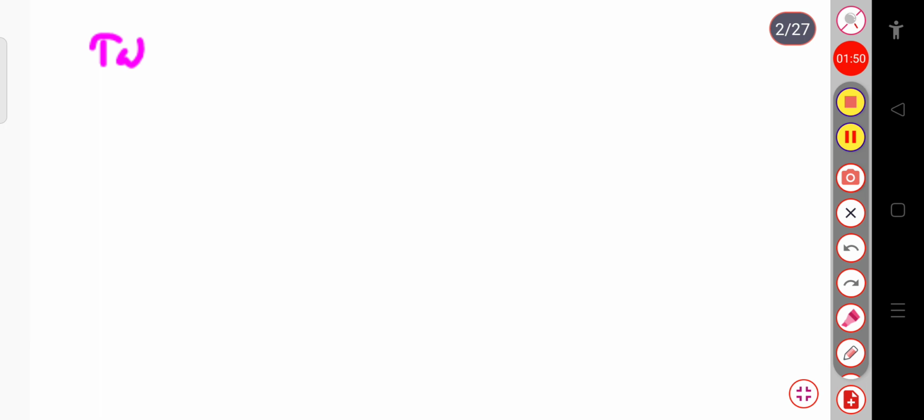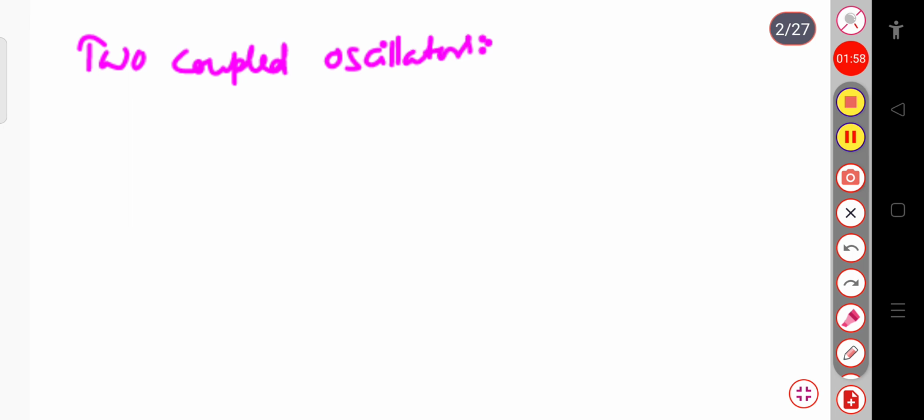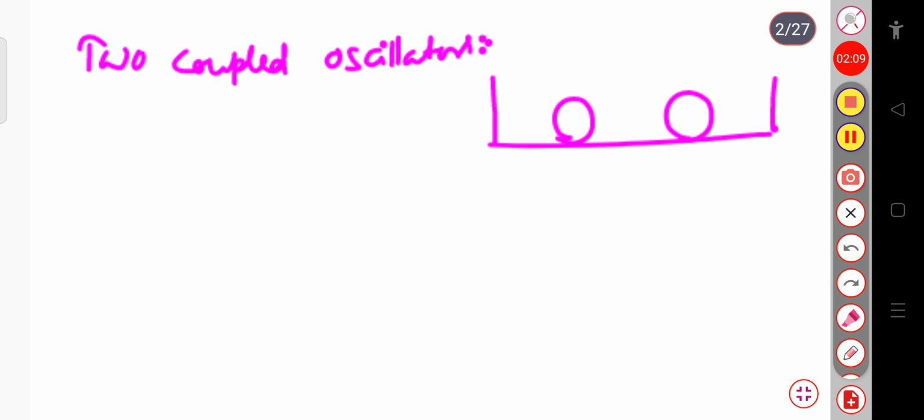In the case of the two coupled oscillator, we will consider there are two masses. Suppose this is my wall and here is the other wall, and one mass is present here and another mass is placed over here, and they are connected with three springs.